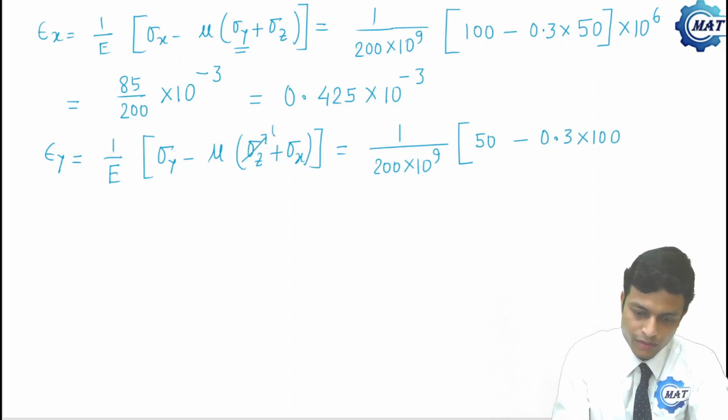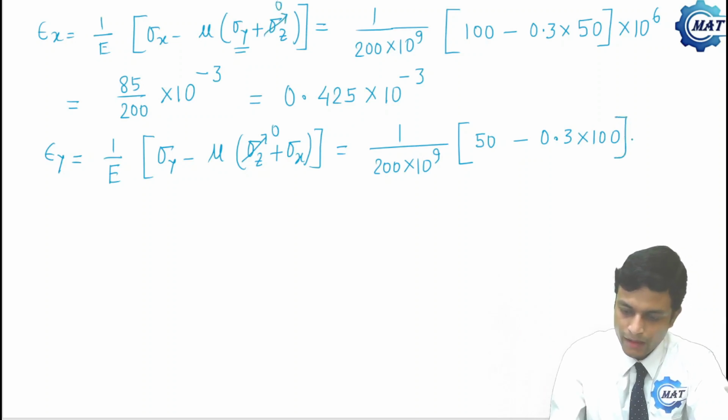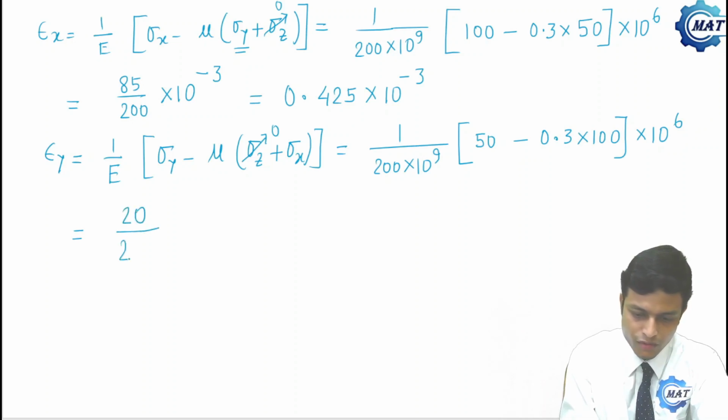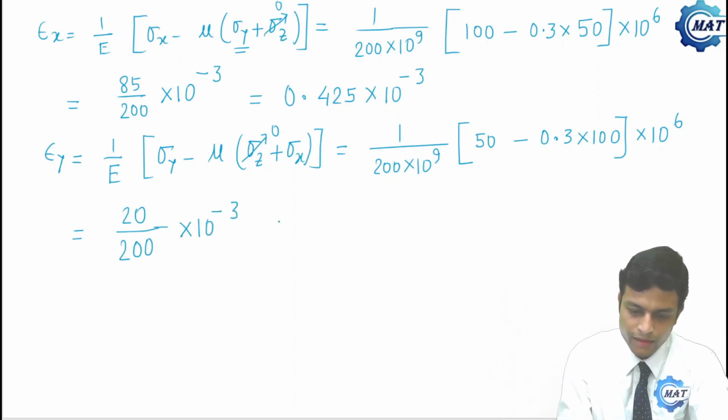Sigma z is 0. It was 0 into 10 to the power 6. Now 50 minus 30, that will be 20. 20 by 200 is 1 by 10. That is, 20 by 200 into 10 to the power minus 3, that is 0.1 into 10 to the power minus 3.